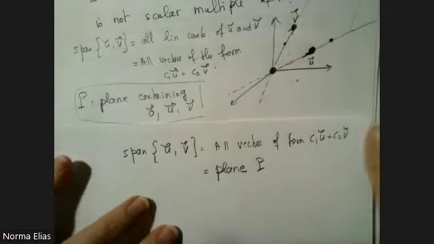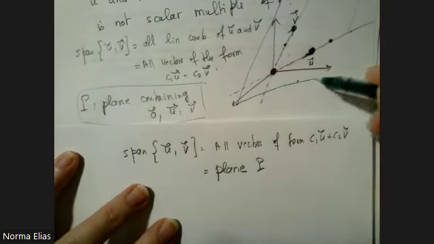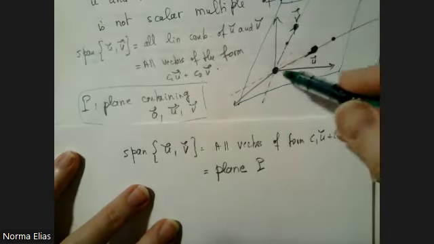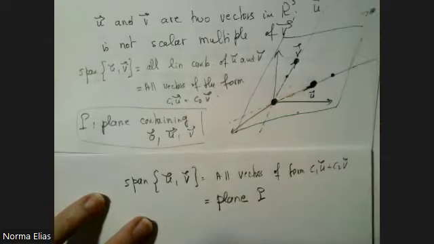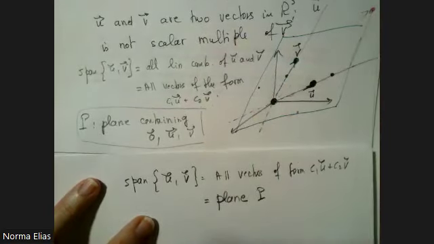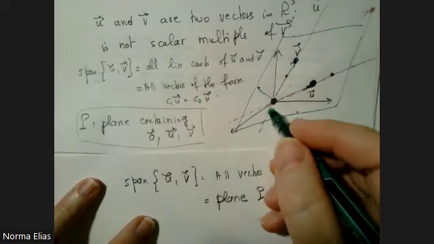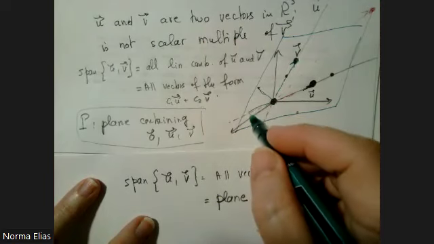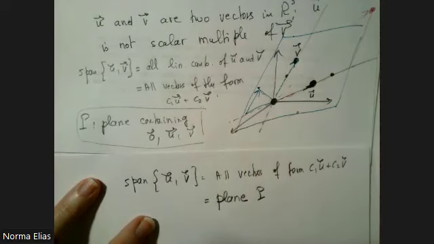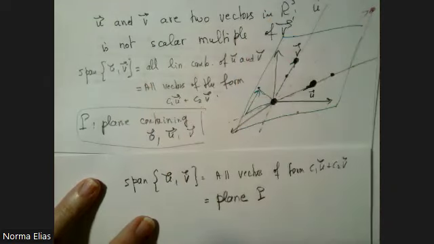So if we take the plane here that is formed by V and U, the span is going to be exactly that plane. Anything in that plane, like we did in R2, I can reach by going a little bit in this direction and a little bit like that. So you're thinking of the plane and you are tilting it a little bit.